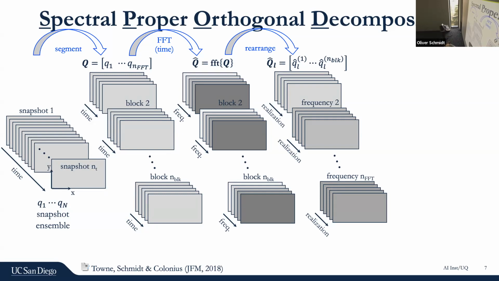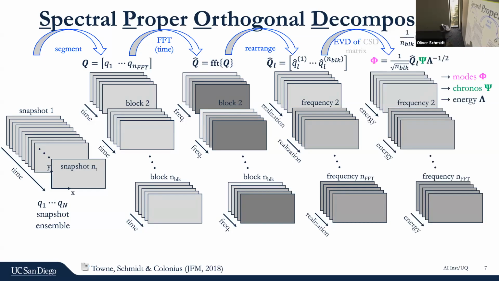I'm flattening the vectors and I'm putting them in the data matrix, one for each frequency. And then for each of these, from the Fourier realization data matrix, we can just compute the autocovariance matrix and then take an eigenvalue decomposition, and that is just then a POD. But one POD, one set of eigenvectors and eigenvalues, at each frequency.